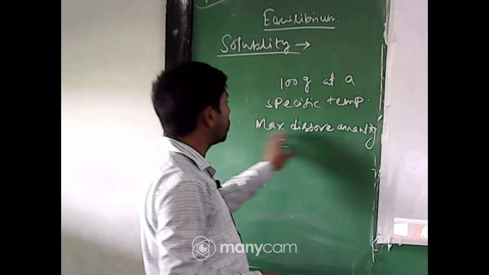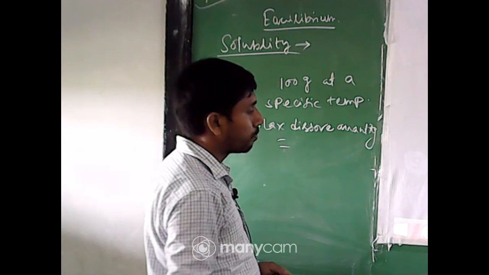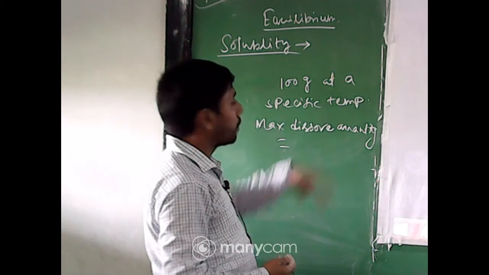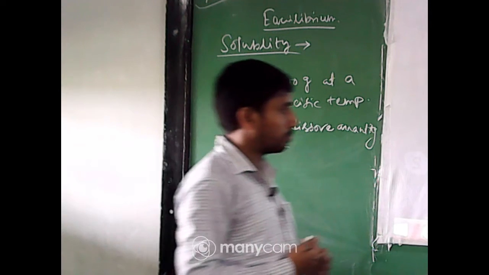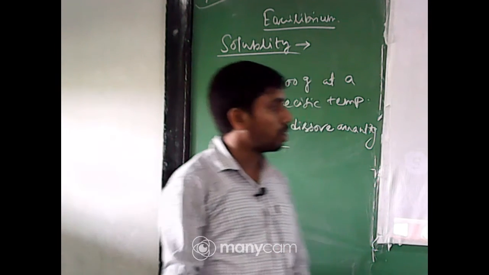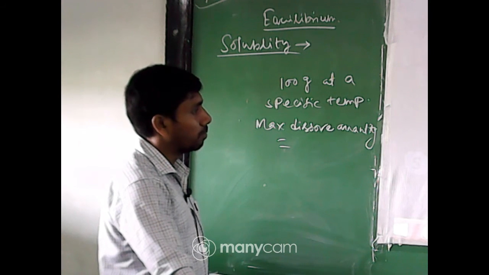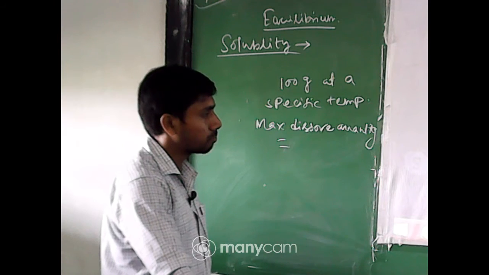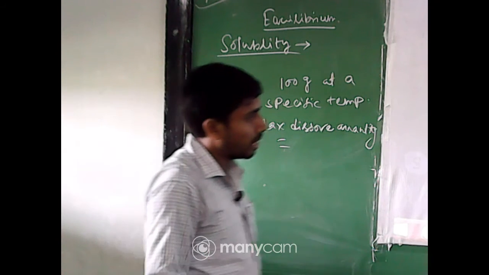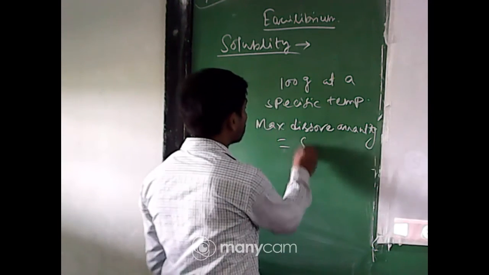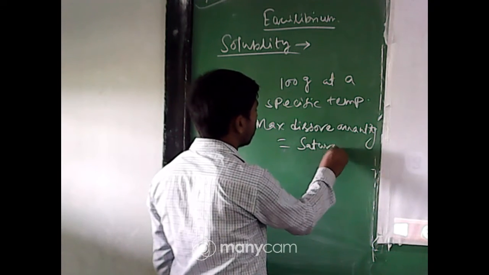The maximum dissolved quantity at a specific temperature and a specific amount of solvent. Can you tell me what this is? Yes, saturation point. So it is also called a saturated solution.